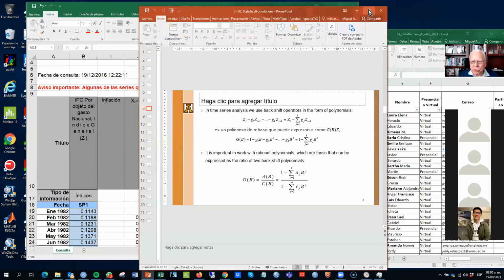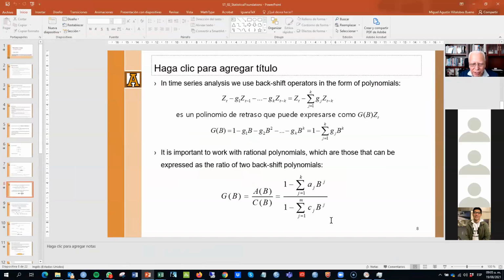Because most of the theory that we'll be developing now is going to be based on the theory of difference equations. So these polynomials are called backshift polynomials, or in Spanish, polinomios de retraso, and we'll be using them constantly in the course.